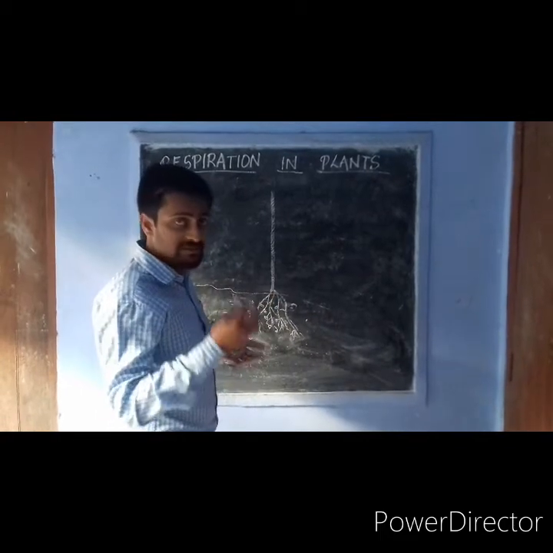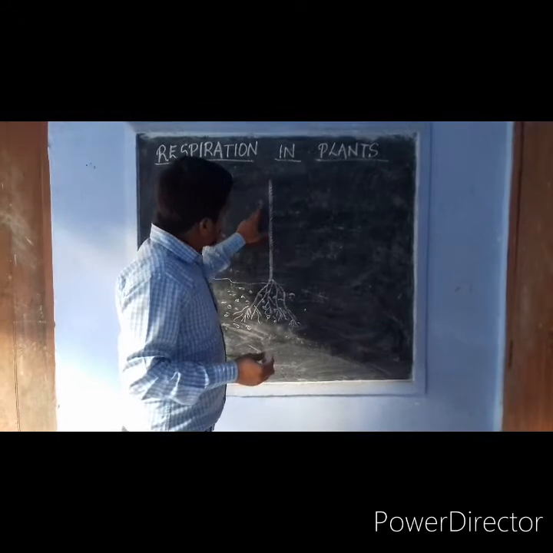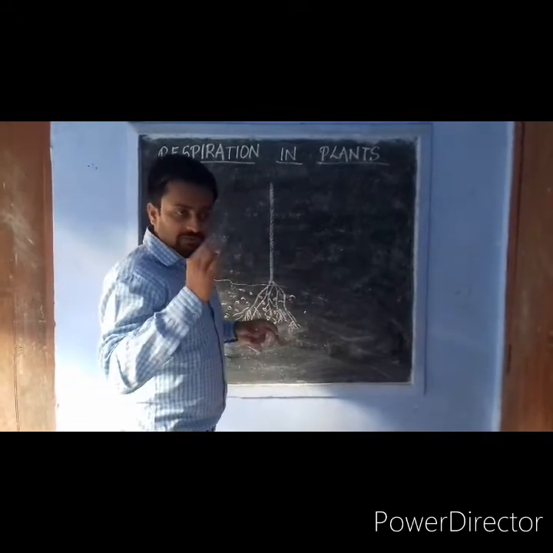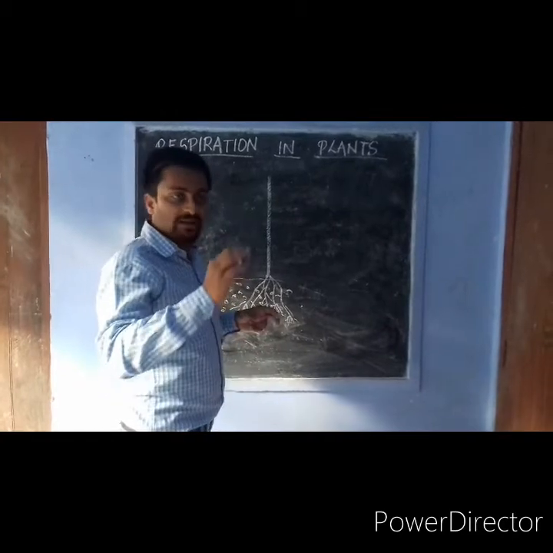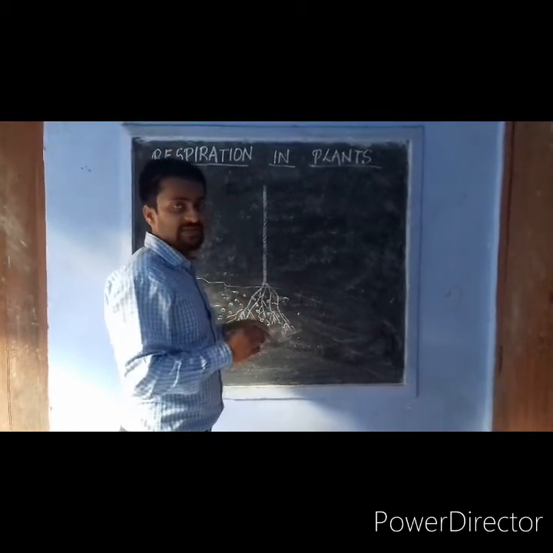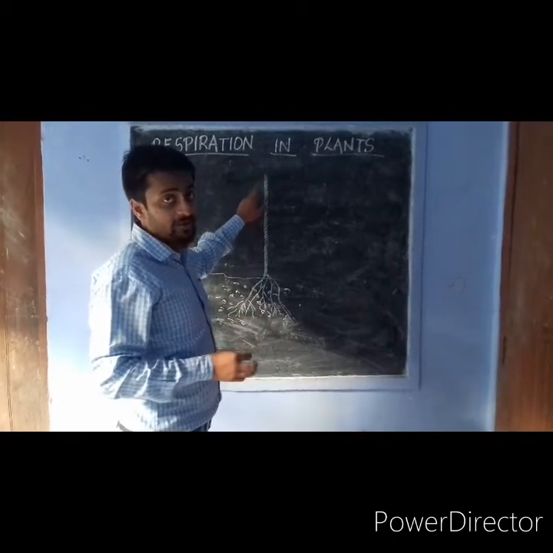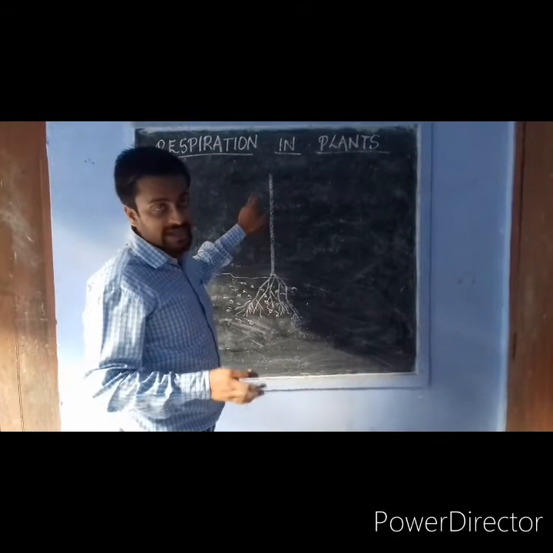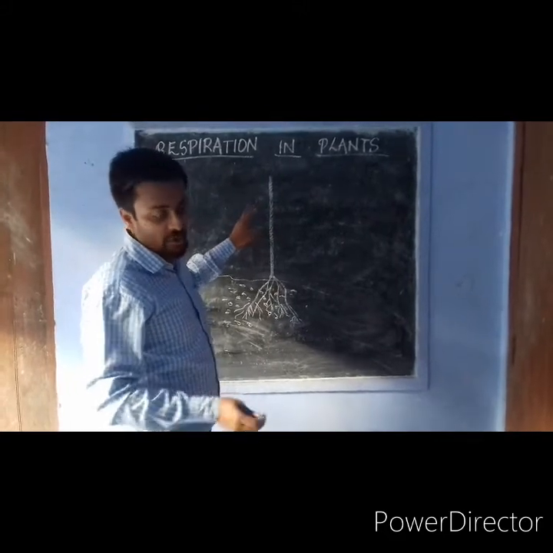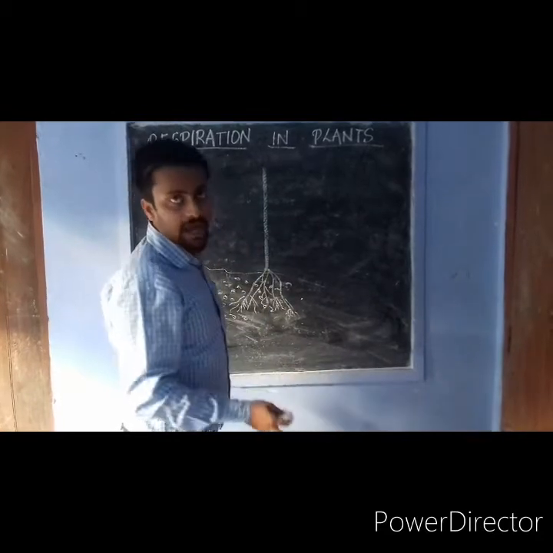So there is an opening called the stomata in the stem through which the diffusion of respiratory gases, carbon dioxide and oxygen, takes place. So the process of respiration in herbaceous plants is carried out with the help of stomata, which helps in the diffusion of respiratory gases. The oxygen diffuses in while the carbon dioxide diffuses out.